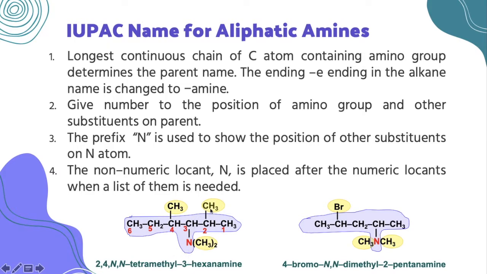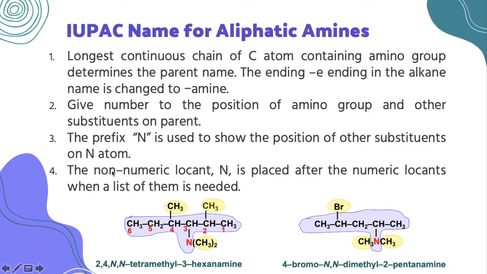So the substituents here are methyl, methyl, and dimethyl attached to N. So the name for this structure is 2,4,N,N-tetramethyl because you have 4 methyl groups in total. That makes it tetramethyl. At carbon number 2 and carbon number 4, there are methyl groups, and these 2 methyl groups are attached at N. So that makes the name N,N.